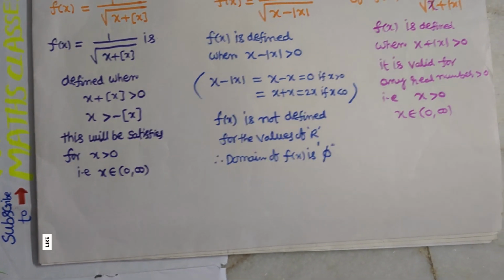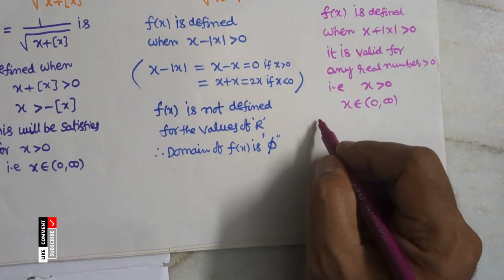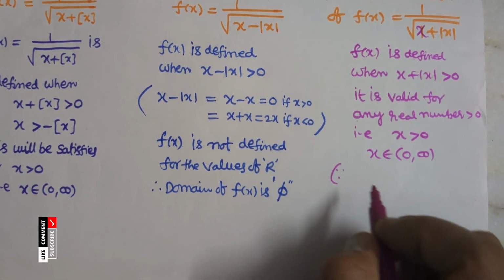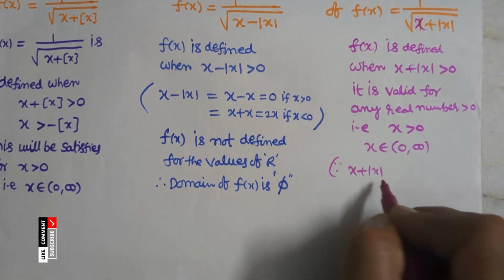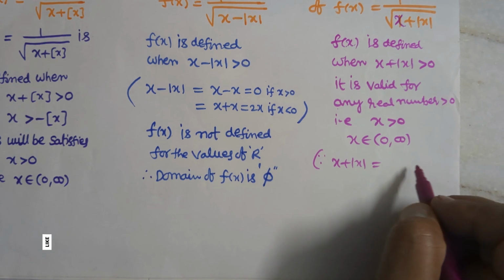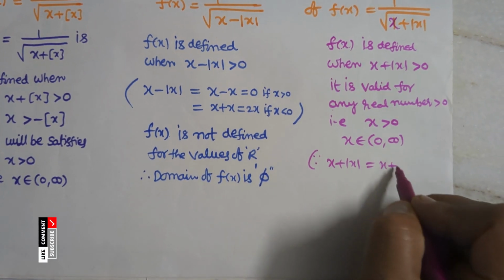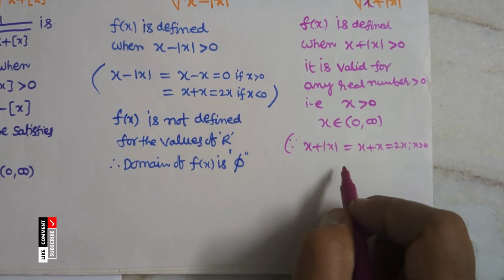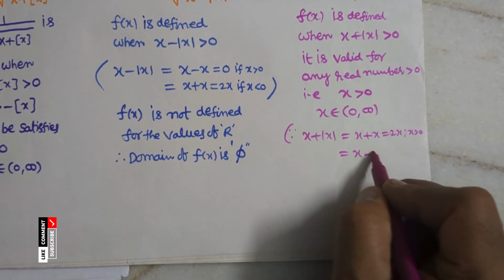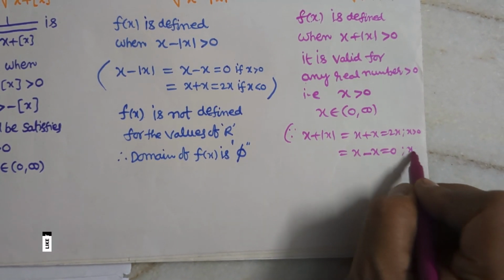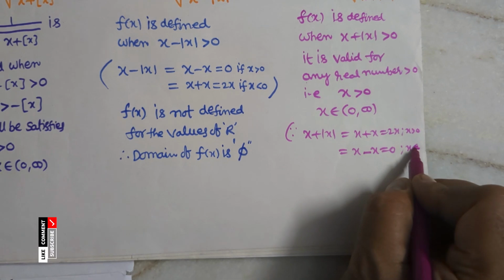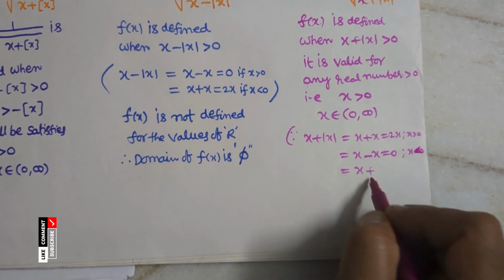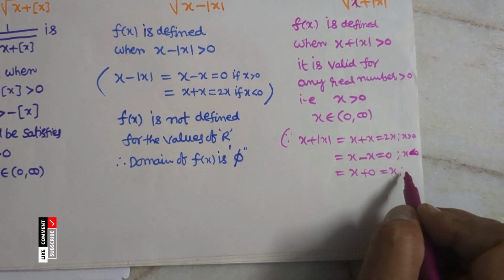Why? Because here, clearly once again, x plus mod x. So first x greater than 0 I am taking. So x plus x equal to 2x when x is greater than 0. Next, x less than 0 I am taking, so x plus mod x equal to 0. Suppose x equal to 0 you take it.